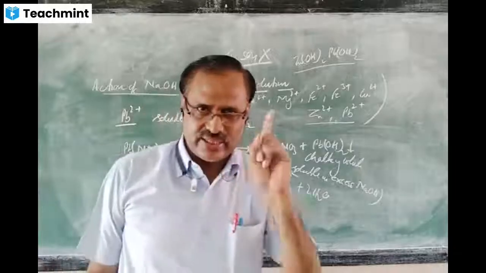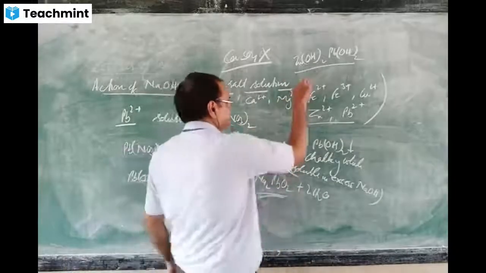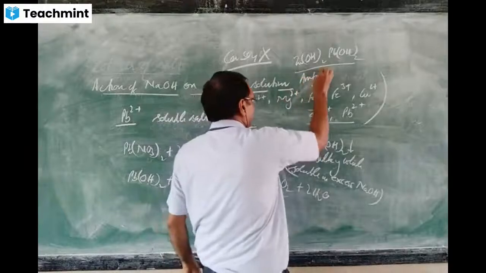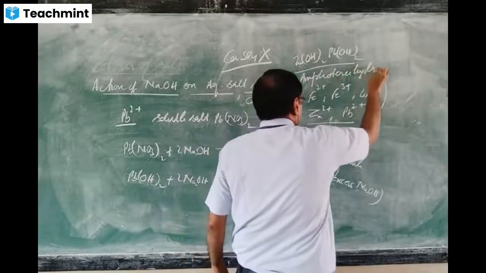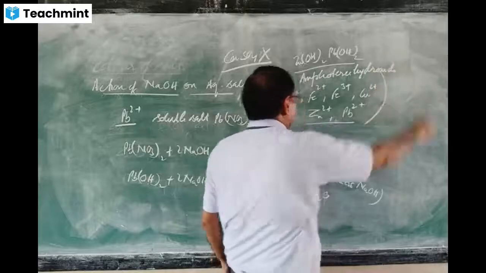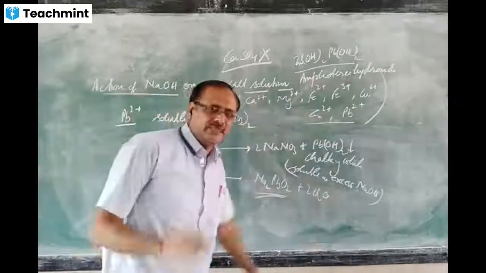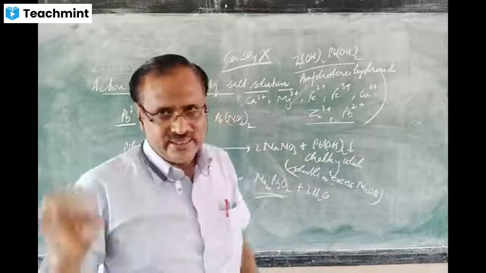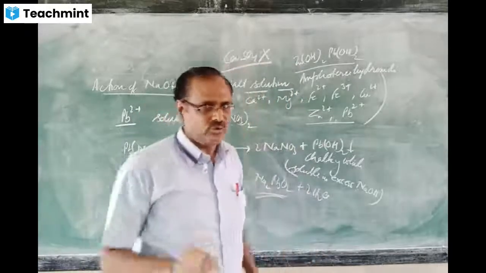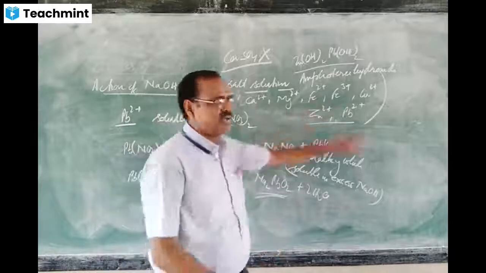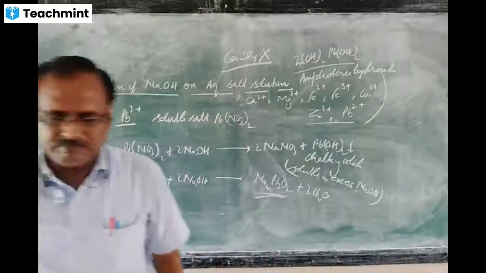These two are amphoteric hydroxides, that's why they are soluble. Aluminum hydroxide will also be soluble, but it is not in the syllabus. The rest of the metallic hydroxides are basic, so they are insoluble.